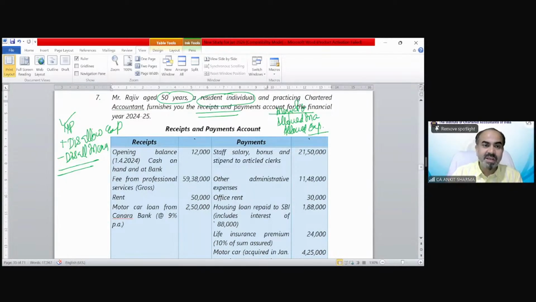The difference is that in this format we disallow expenditure and disallowed income, but in the other format we only consider the allowed income and allowed expenditure. And you will see the result is the same. If there is a net profit and I add back the disallowed expenditure and subtract the disallowed income, whatever remains is the sum of allowed income and allowed expense.